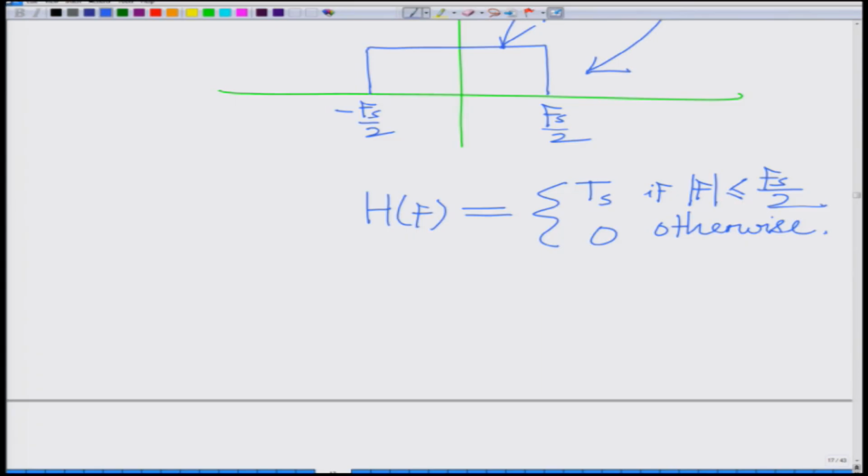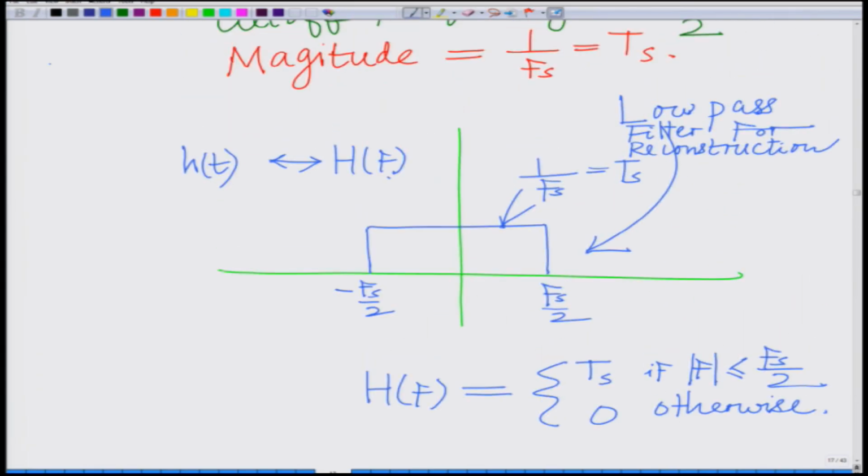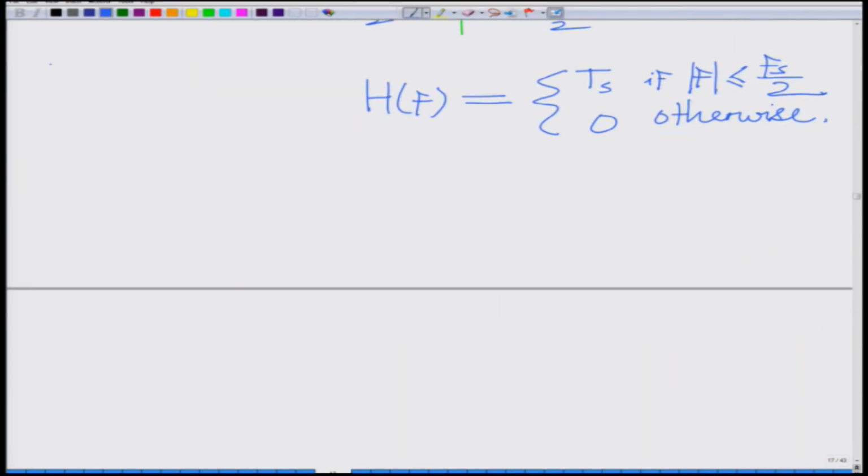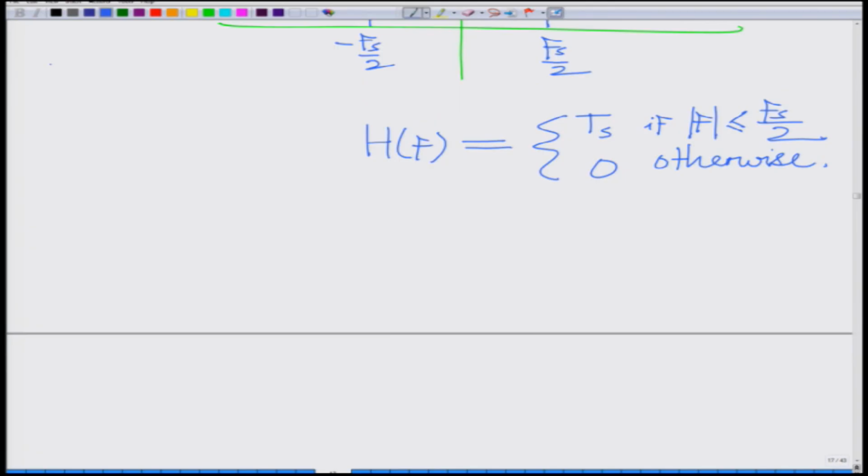So, this is the low pass filter that we want to employ for reconstruction.